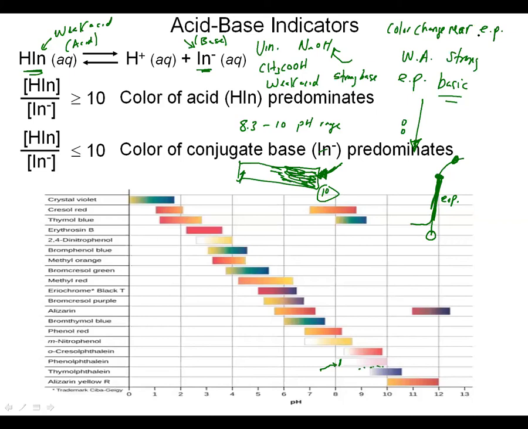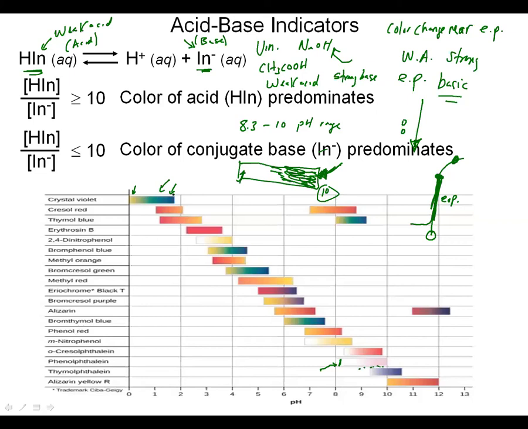So for example, if we look at crystal violet, which is up here at the top, kind of a yellowish color down here at 0 pH, and kind of a bluish color at a higher pH.